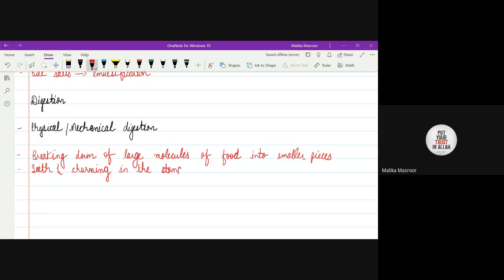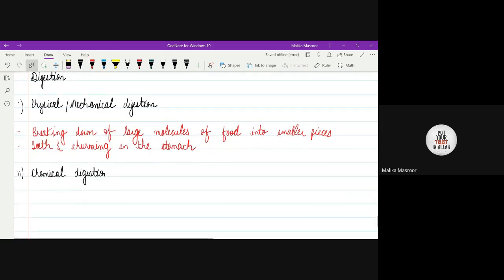Now, if I talk about chemical digestion, in this, large molecules of food are broken down into smaller pieces by chemical action, and they're catalyzed by enzymes. Now, in this, we are breaking down large molecules inside food, whatever the constituents are.